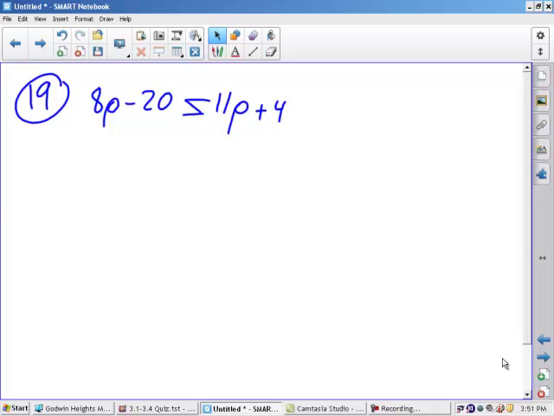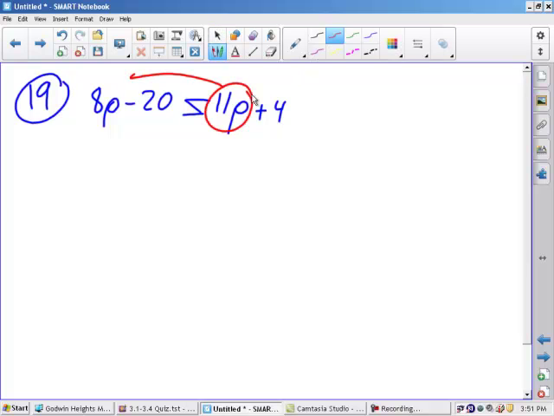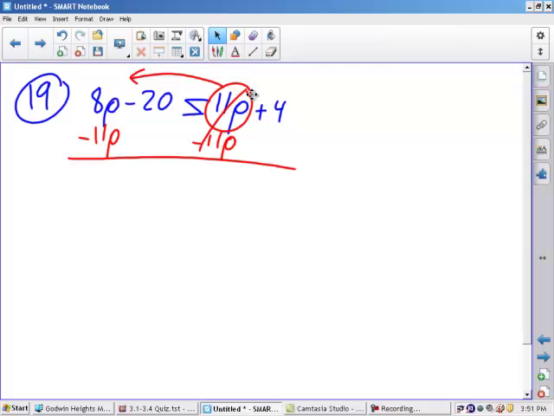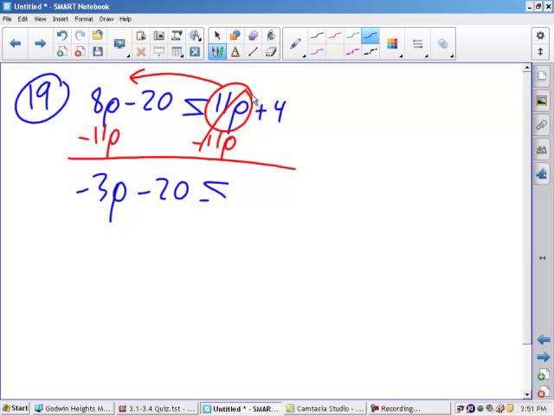Same process, I look for distributing, doesn't happen. I look for combining like terms, nothing on the same sides. So what I do see is I see variables on both sides. I want to move this one to the left just because that's my preferred side to move stuff to. I subtract 11p, and I get negative 3p minus 20 is less than or equal to 4.